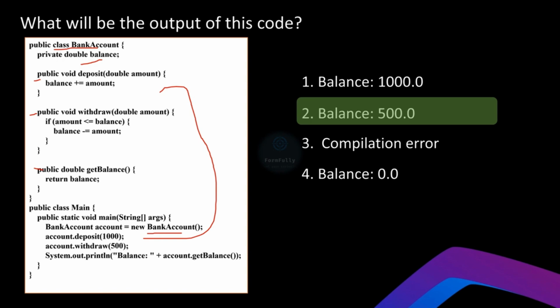And then we withdraw 500 from the account using withdraw method, which checks if amount is less than or equal to balance. In this case, it is so 500 is deducted from the balance. Finally, we print the output balance using getBalance method, which returns 500. So the correct option is 500.